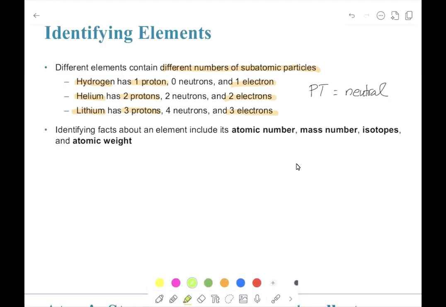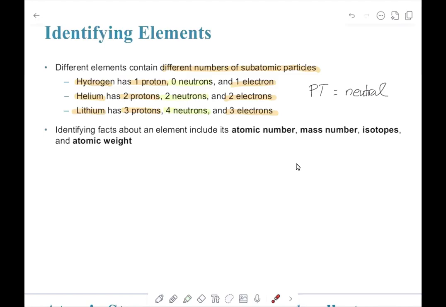Now, the neutrons, remember, do not have a charge. So it just so happens hydrogen does not have a neutron, which is why it's referred to as just a proton and has a very acidic effect. Helium happens to have 2 neutrons, and lithium has 4 neutrons.